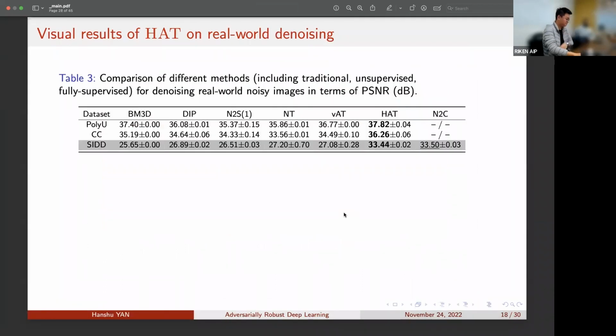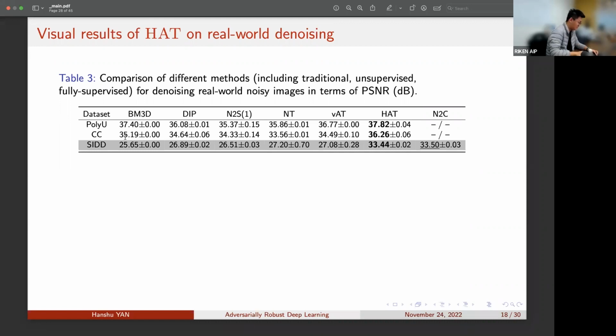Here are also some numerical results, and PolyU, CC, and SIDD are all real-world noisy image datasets. We compare HAT, our obtained denoiser, with a normally trained one and with some other baseline methods. N2C means noisy to clean: suppose we have noisy-clean pairs, then we can use them to train the model, and we use it as the upper bound of the method.